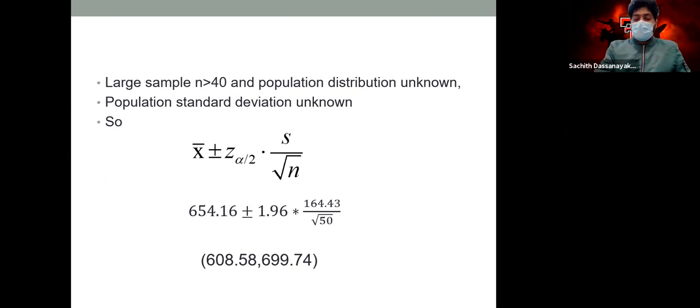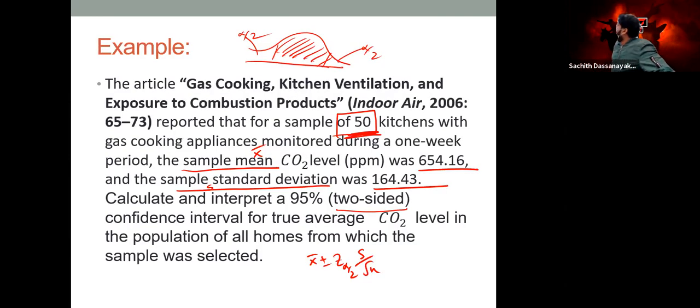I didn't tell you why we can use this equation. Please don't forget those conditions. Here, they haven't mentioned anything about the population. We don't know whether the population is normally distributed or not. But we assume that our sample is approximately normally distributed because we have a large enough sample size.